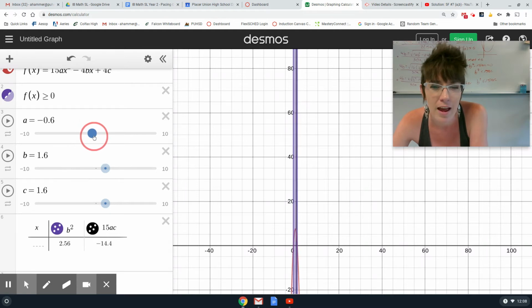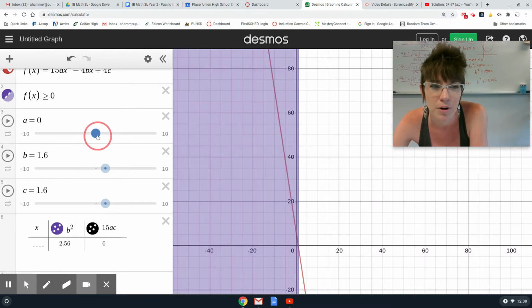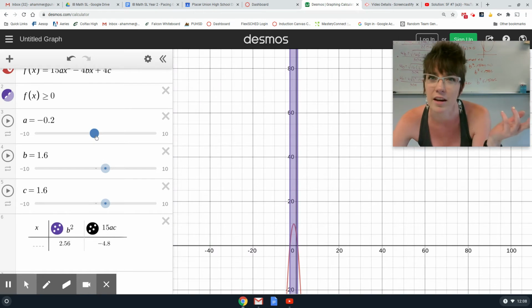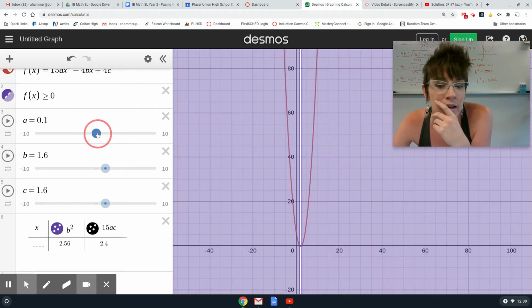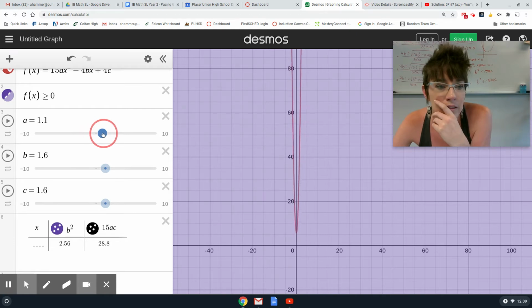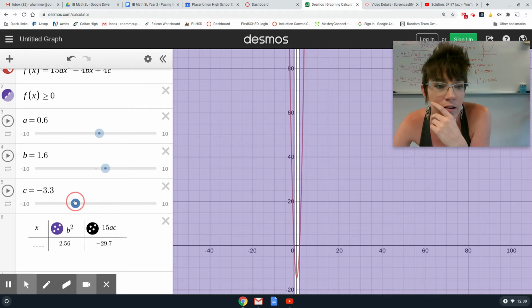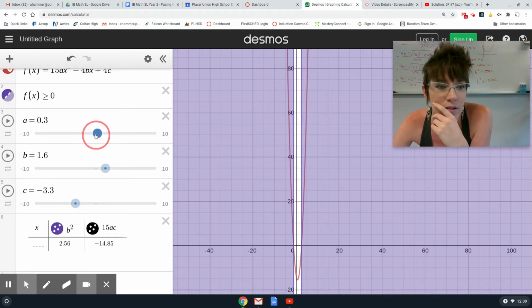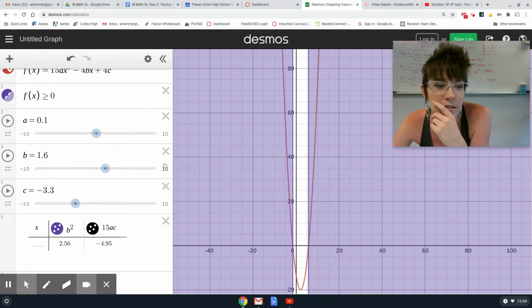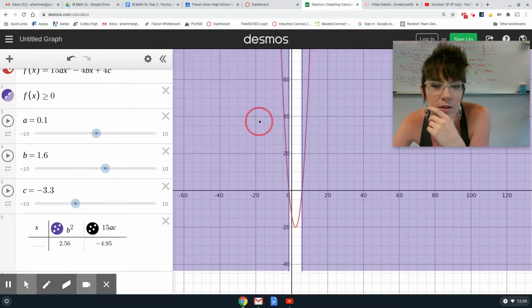And when I move A, anytime my parabola was negative, it turned upside down. It started looking like this, and I was like, well, that's kind of weird. So playing with C, and it wasn't until I started to play with all 3 of these sliders that I began to understand the problem better.